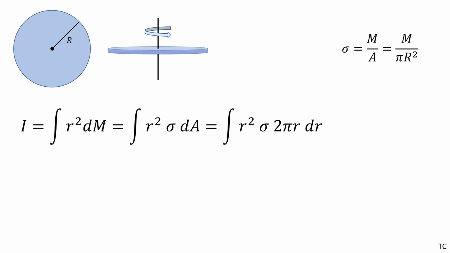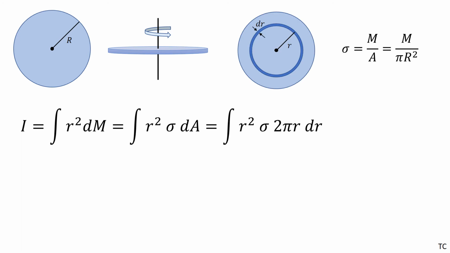But to make it easier, we can change our small area element into something directly related to the distance away we are from the axis of rotation, in changing dA into 2 pi r dr. So I've chosen my infinitesimal area element to be an infinitesimally thick ring about the axis of rotation. The area of this ring is 2 pi r, the circumference, times dr, its infinitesimal thickness.